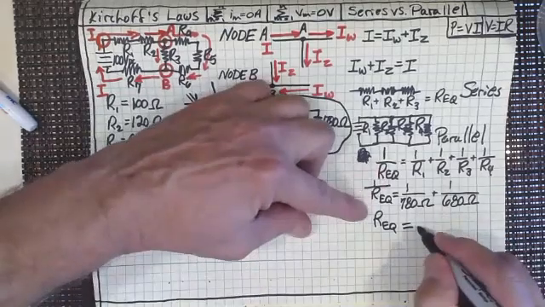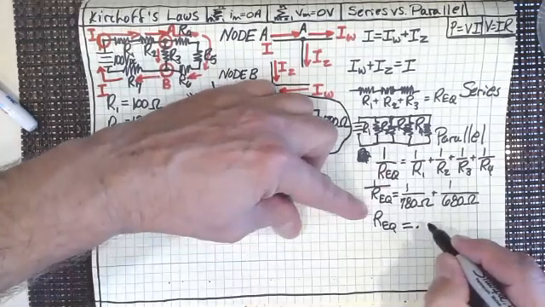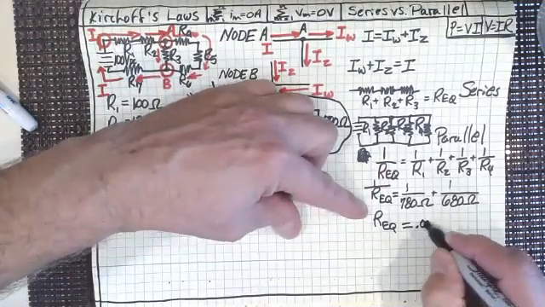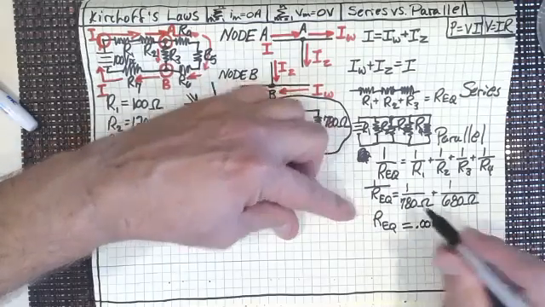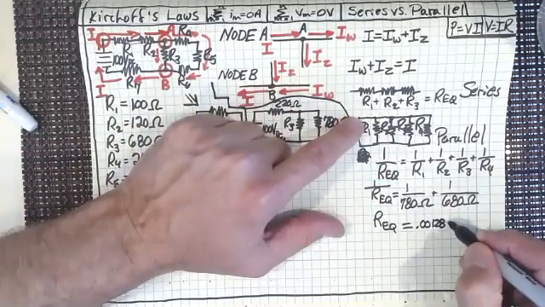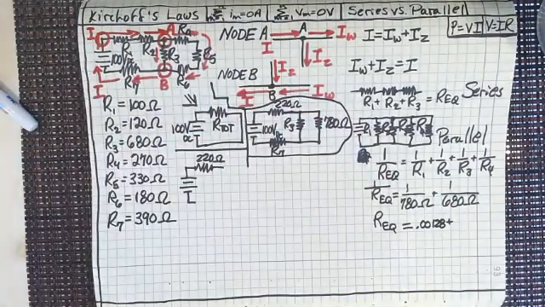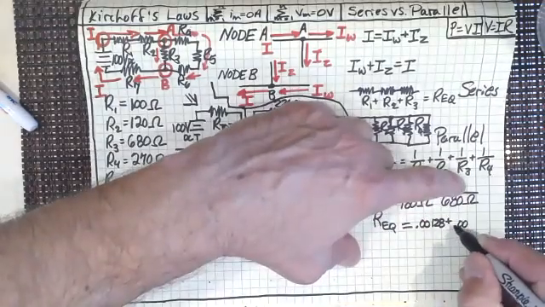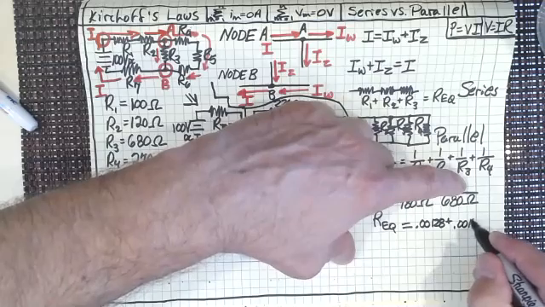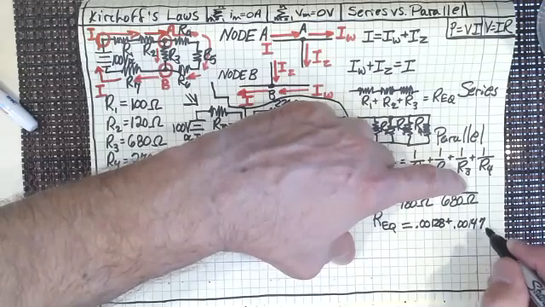I'm going to actually write it out: 0.00128, that's 1 over 780, plus 0.00147.